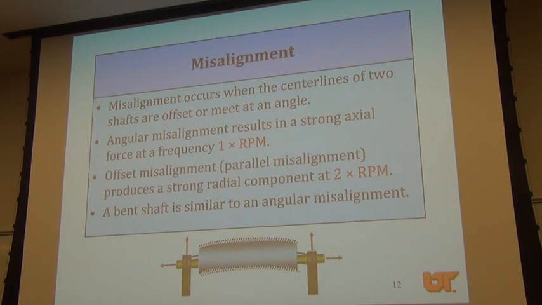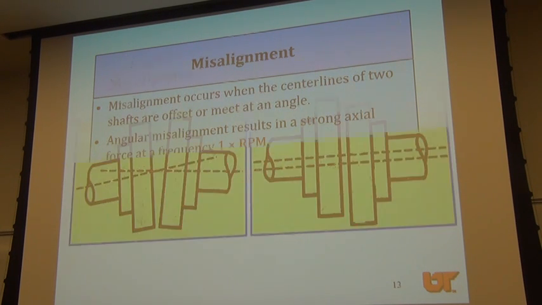If they're offset, then you have problem with something moving. And the two shafts may not intersect at zero angle. They may be slightly bent, or you can have so-called axial effect. So, or angular misalignment. So you can have misalignment in the angular direction, or offset misalignment, or parallel misalignment.